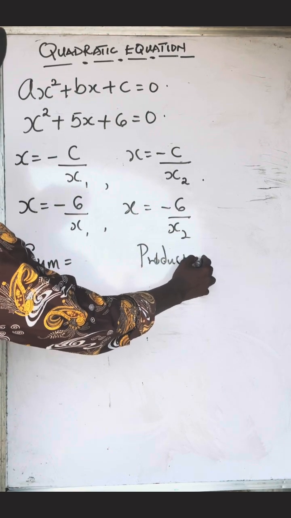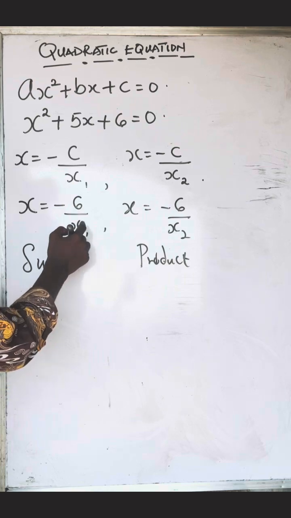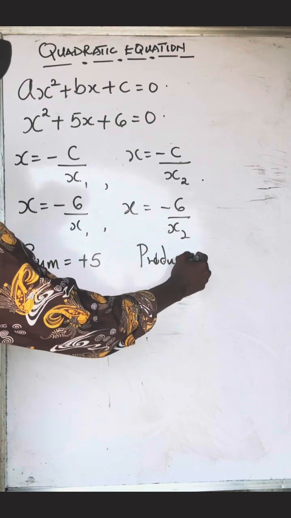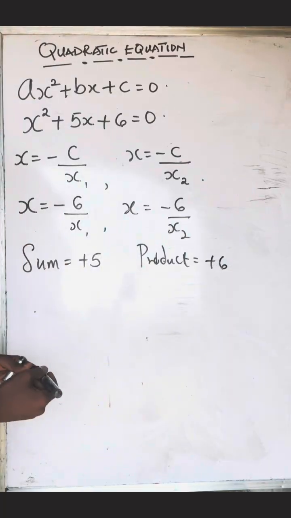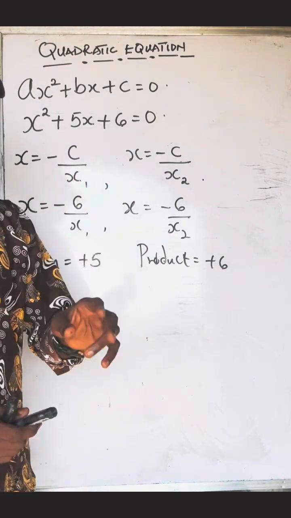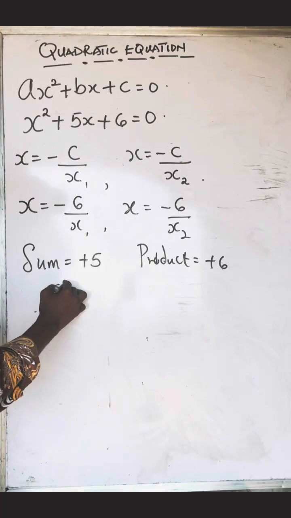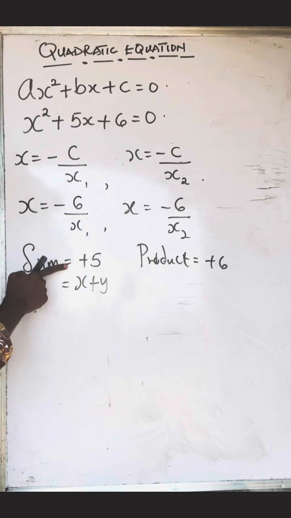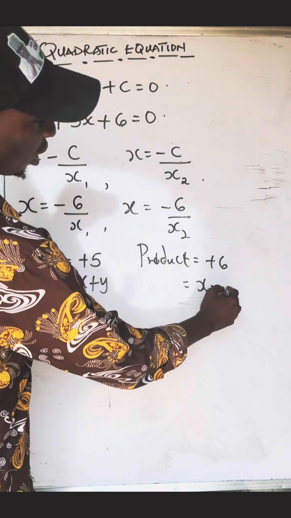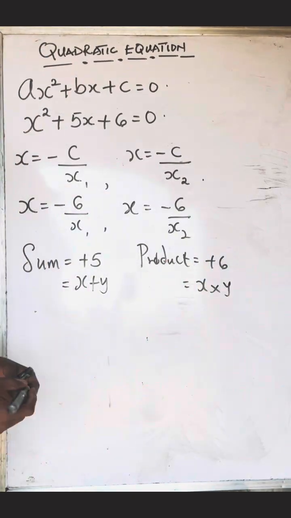So I'll look for the sum of plus 5, the coefficient of x, and the product of plus 6. All I need to do is think of two numbers in such a way that if I add the two numbers together, I'll get a plus 5, and if I multiply the same two numbers, I'll get a plus 6.